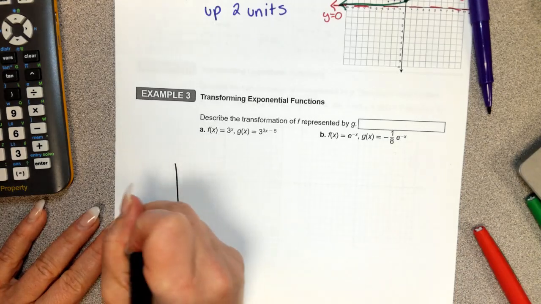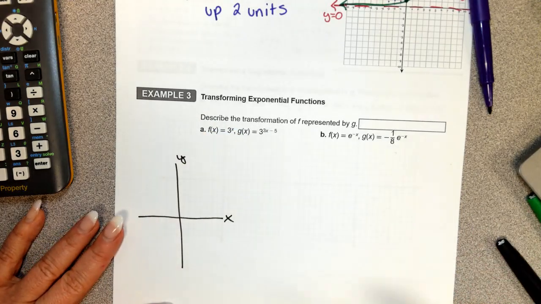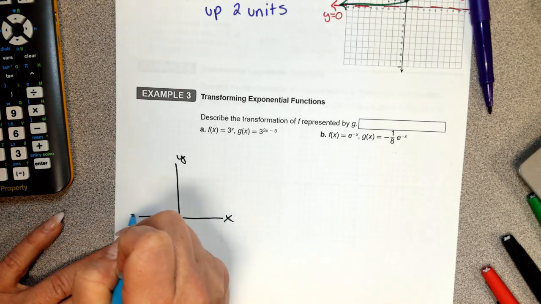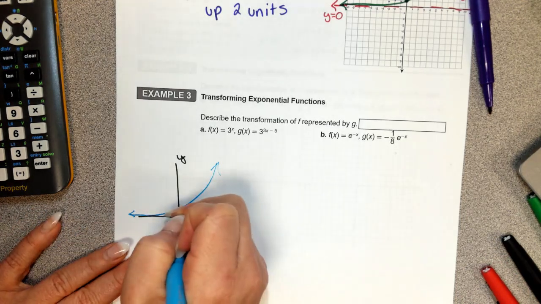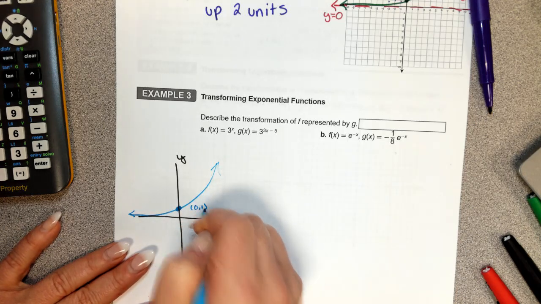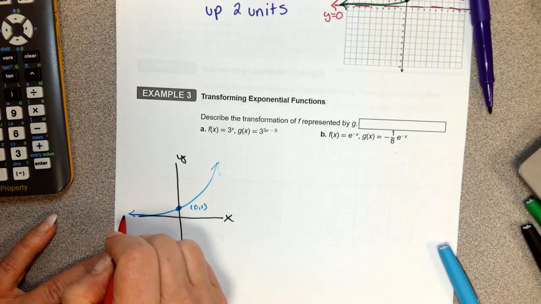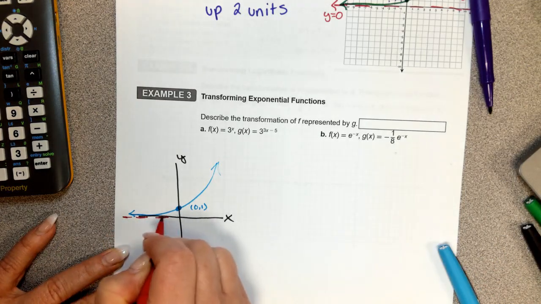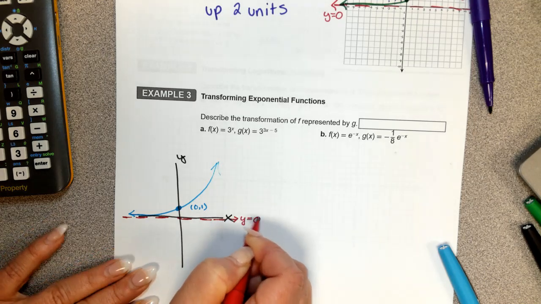So I'm going to sketch it right here. I'm going to have growth, and I know that with that growth, it should go through the point 0, 1. And it should have some growth, and then it should have its horizontal asymptote right here at y equals 0.